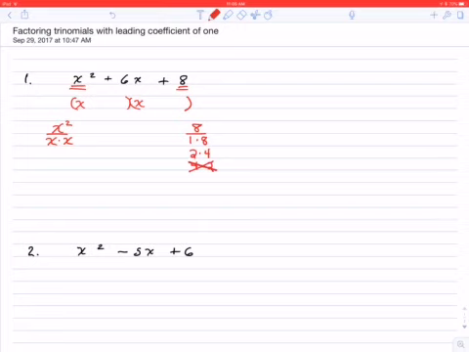So we'll look at this last sign. If the last sign is positive, we want the sum of the factors to equal the coefficient of the middle term.